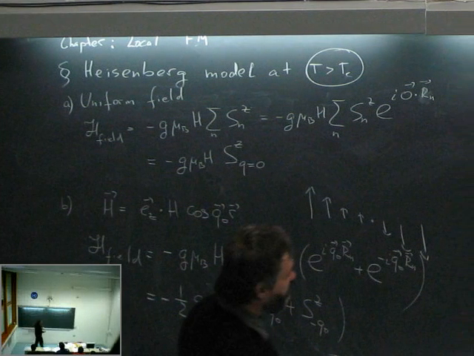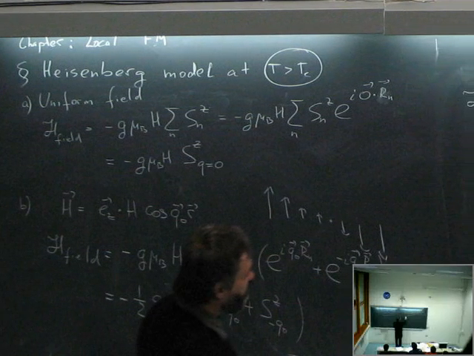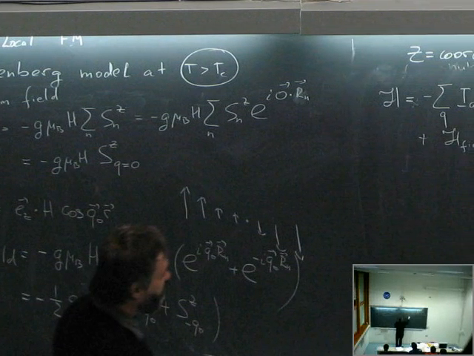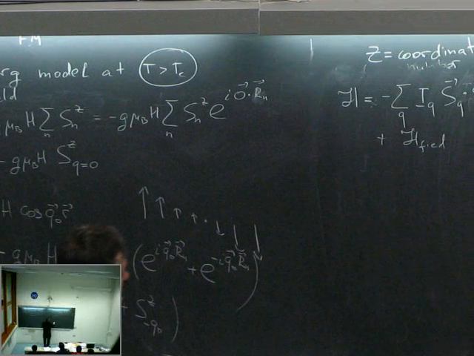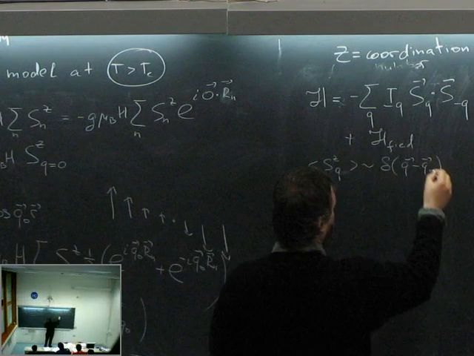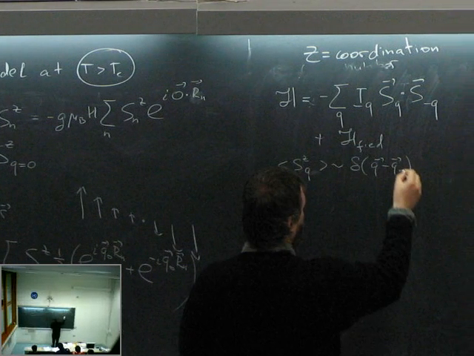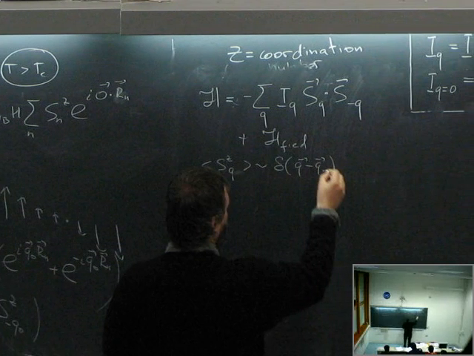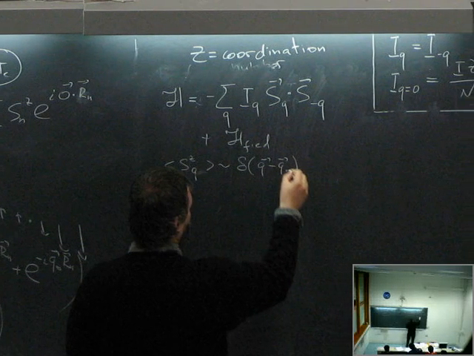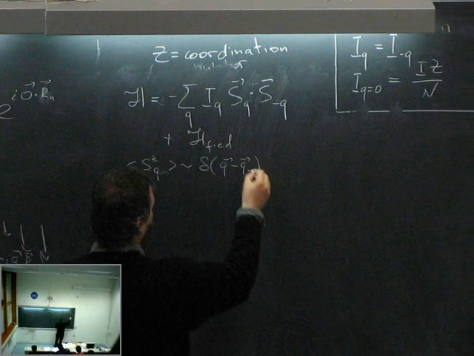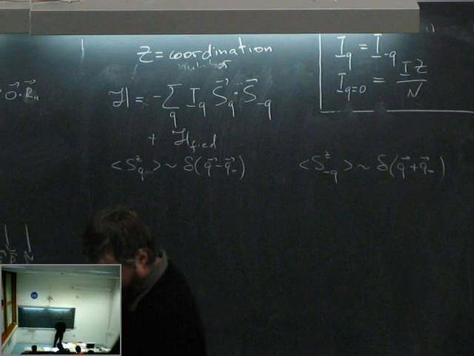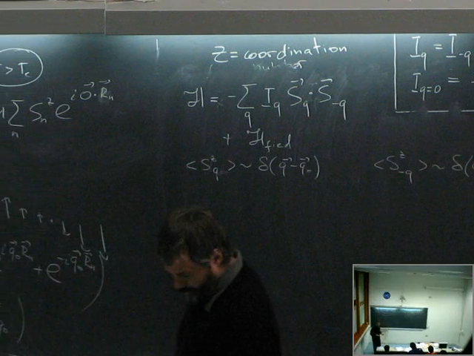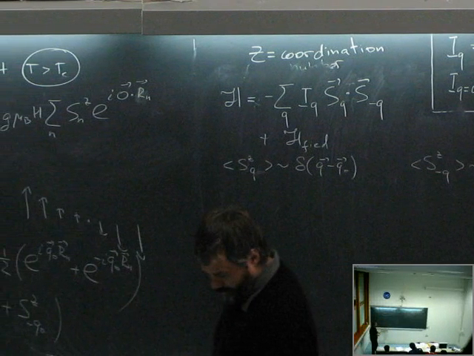So I would say that when this field is applied, then the average S^z(Q_0) is proportional to delta Q minus Q_0, while the average S^z(minus Q_0) is proportional to delta Q plus Q_0. And there is no magnetization in any other directions because the field is applied in the z direction.